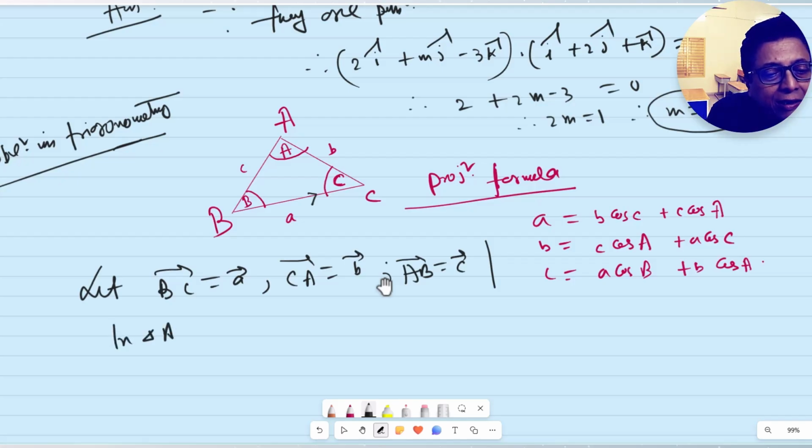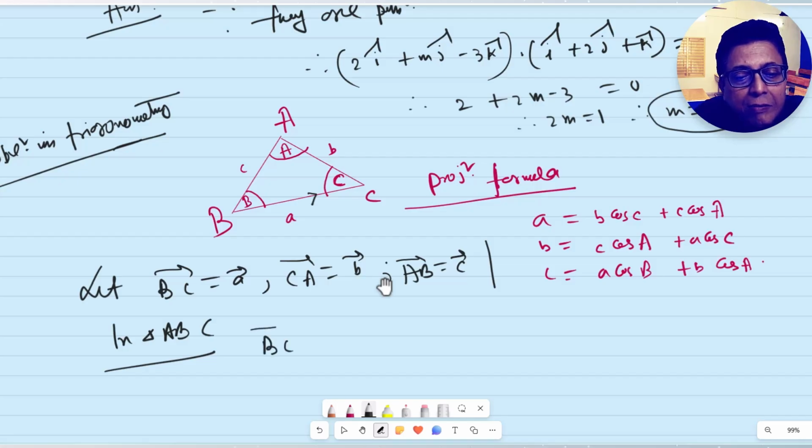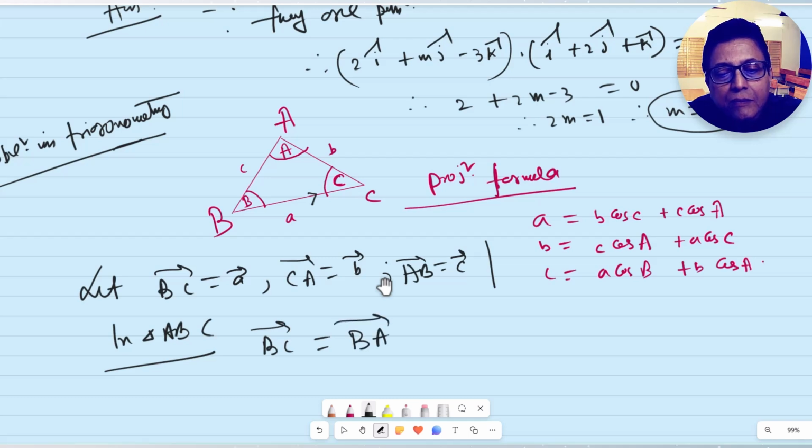So in triangle ABC, what do you find? BC vector equals BA plus AC, and this implies that BC vector is A, BA vector is what?